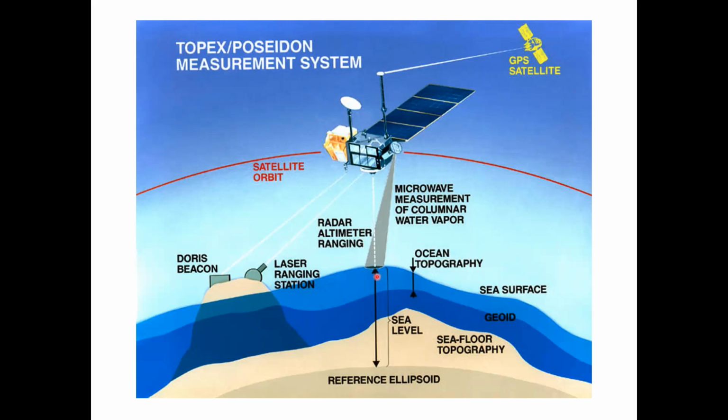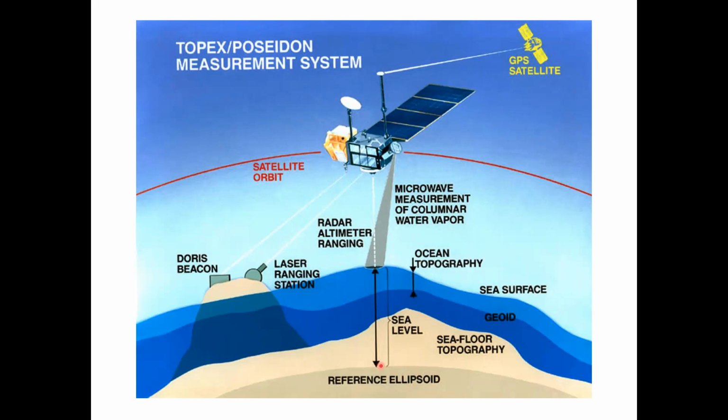What do we need? We need to know first the distance between the spacecraft and the geocenter, the origin of the coordinate system, or a reference surface that we call the reference ellipsoid.